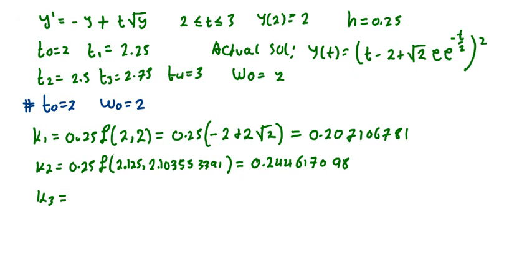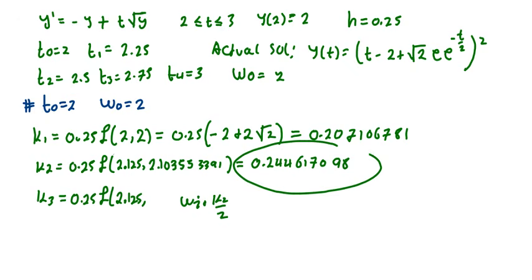Okay, so let's go to K3. K3 will be equal to 0.25 f of, on this part, if you remember, K3 is the same as K2 for the T part that you make a substitution for here. So it simply means it's also 2.125, comma, but for this part it changes. It's basically Wi plus K2 over 2. So we get this value here, we divide it by 2, then we add with Wi.